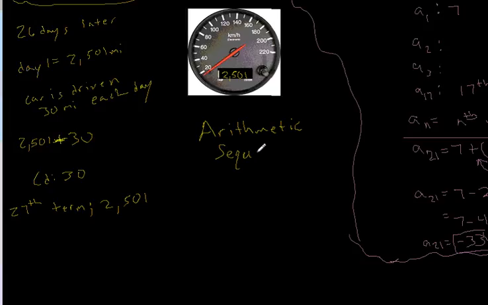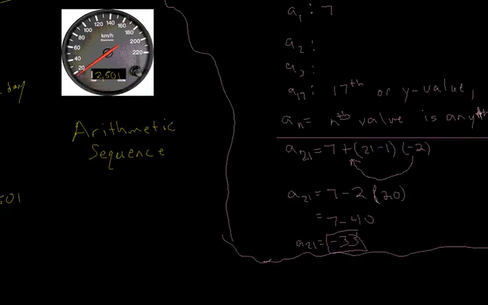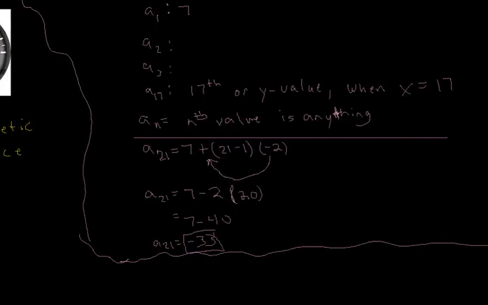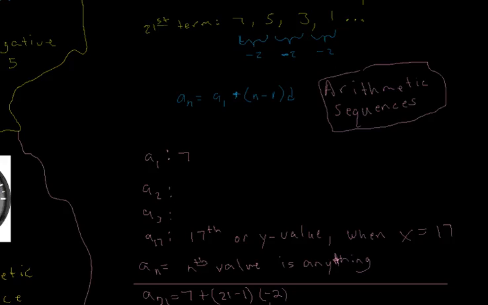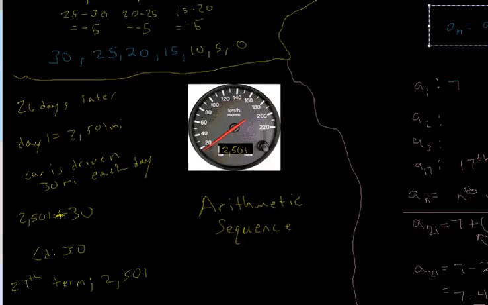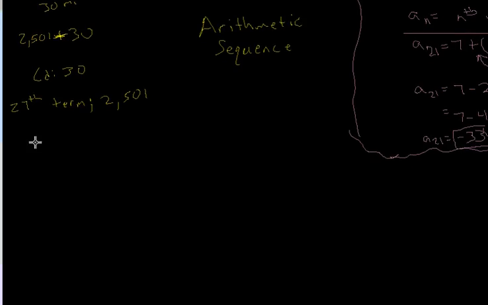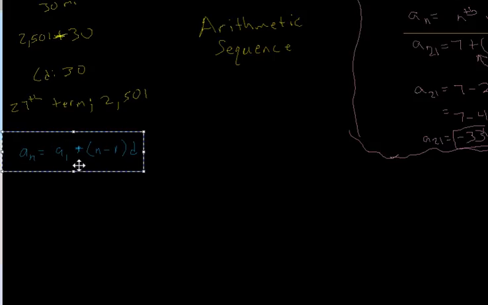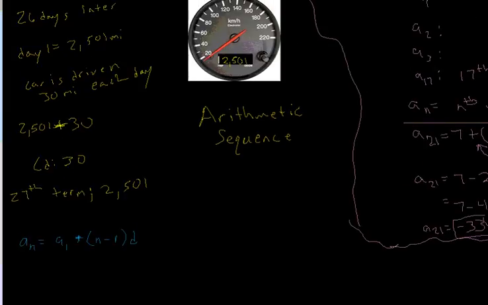I'm going to grab that powerful formula again because I like to have it on screen when writing it up. Here it is: a sub n equals a sub 1 plus n minus 1 times d.